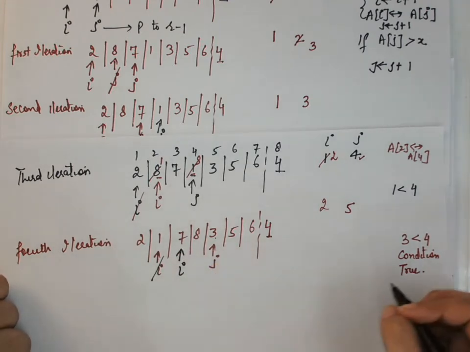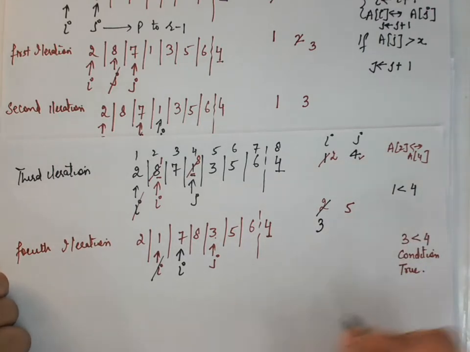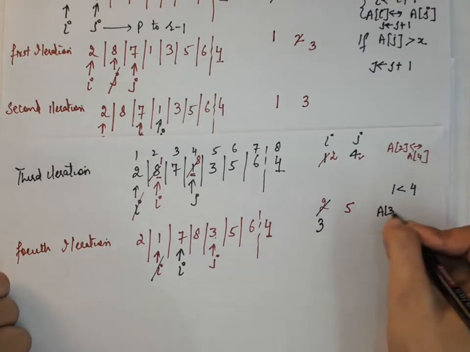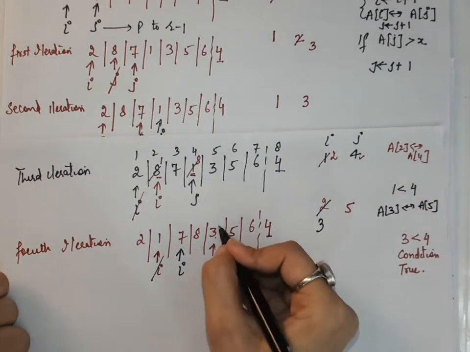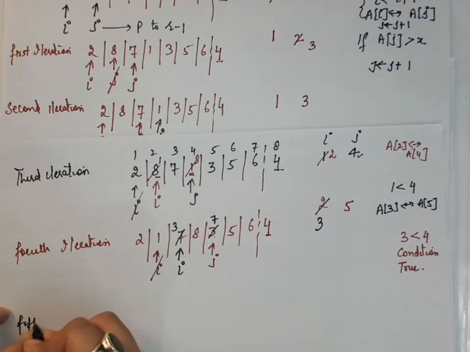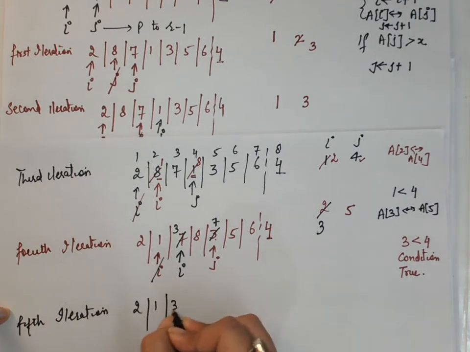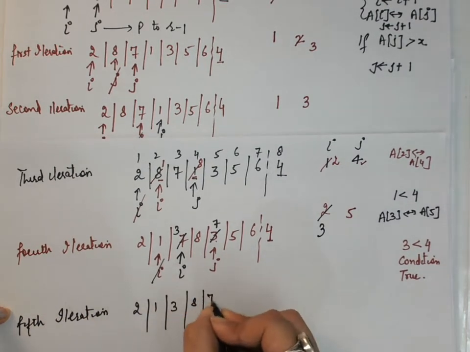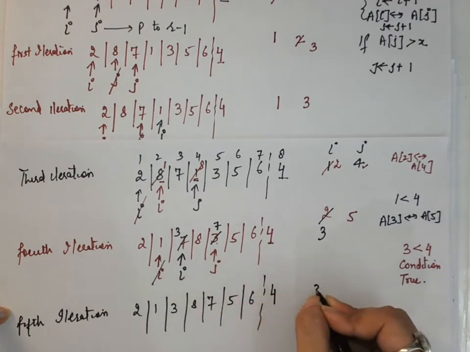Now swap a of 3 with a of 5. Now 3 is swapped with 7. Now after this iteration, my array will be 2, 1, 3, 8, 7, 5, 6, 4, like this.